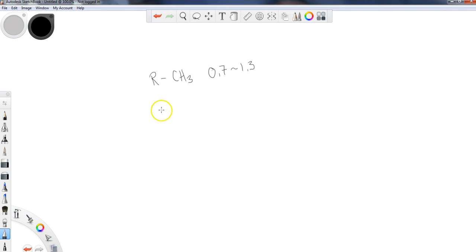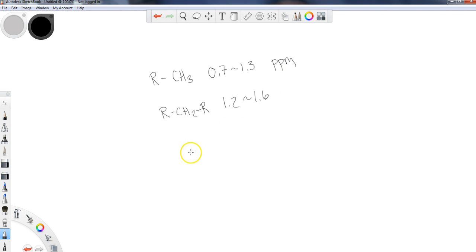So CH2 groups, right, that would be found in the middle. If we're dealing with the CH2 group, we would be talking about probably, I'm going to say anywhere from 1.2 to 1.6 ppm, and all these are ppm, right?